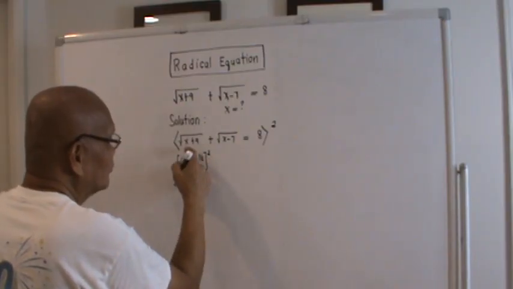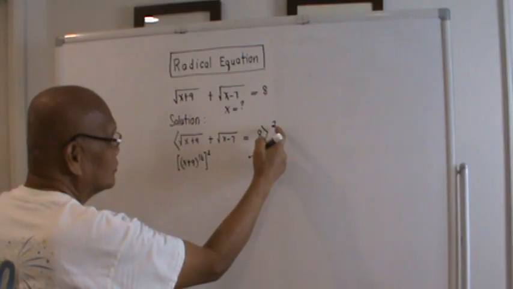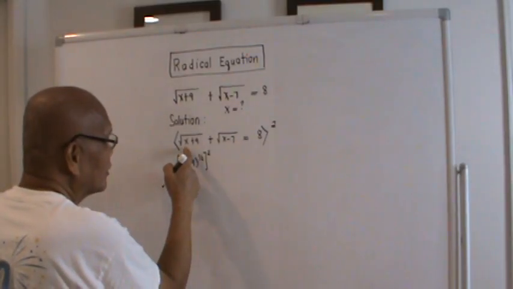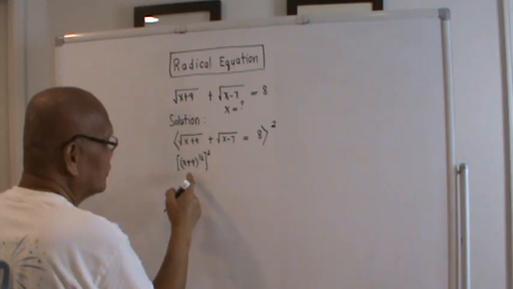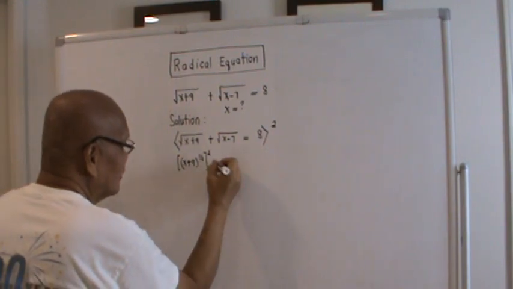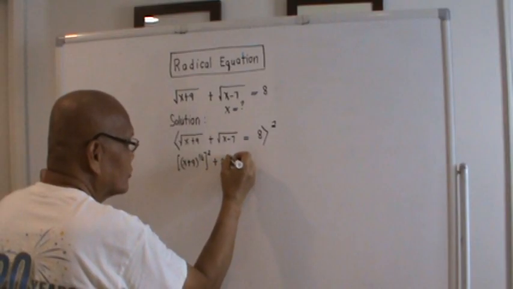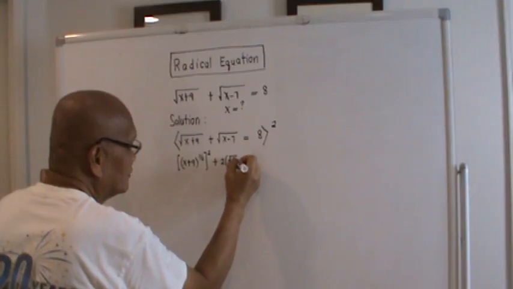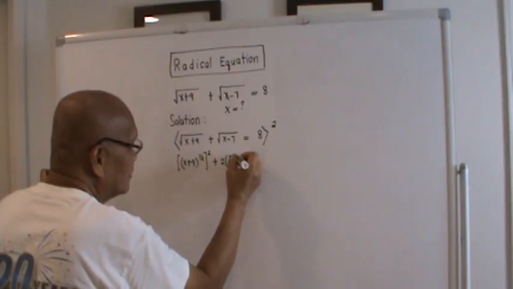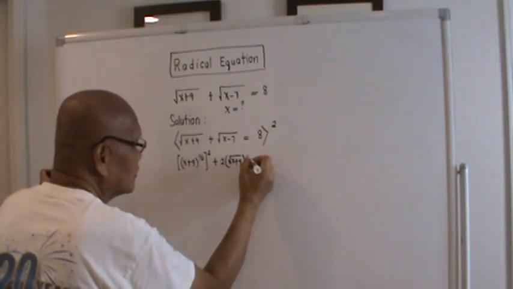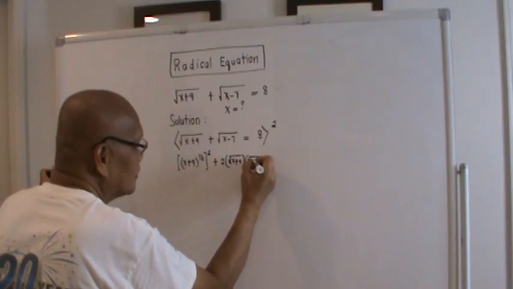The left hand side is actually a binomial, and we raise that to the second power. So the first term will be the square of the first term. The middle term will be twice the square root of x plus 9 times the square root of x minus 7.